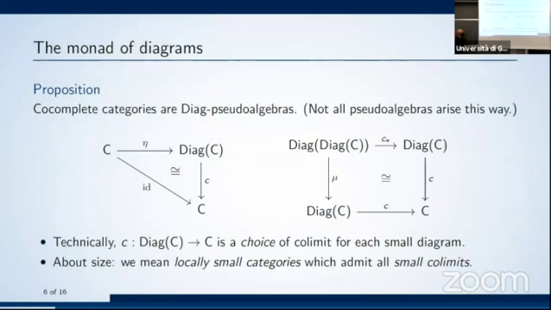Co-complete categories are pseudo-algebras of this monad, the pseudomonad. In particular, the multiplication diagram is a way of decomposing colimits, which also appeared in another work by Walter Tholen. Some of you may have seen it. When I say co-complete categories, first of all, I mean locally small categories with small colimits.